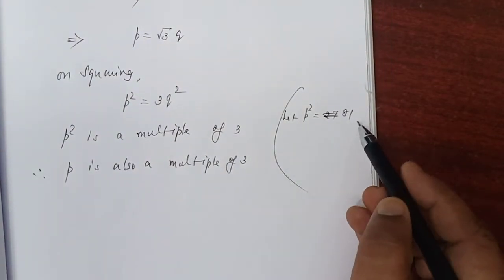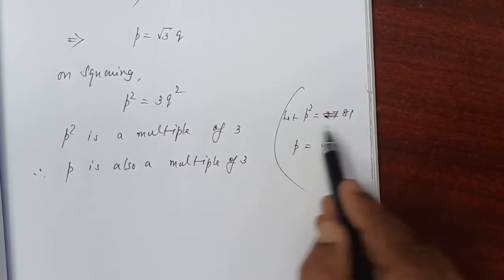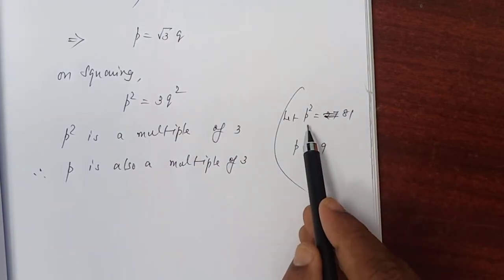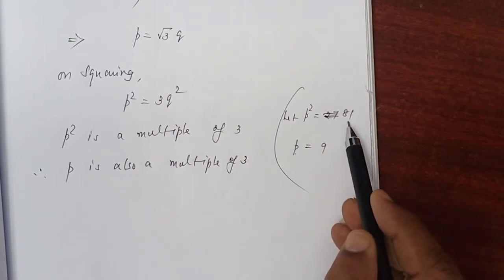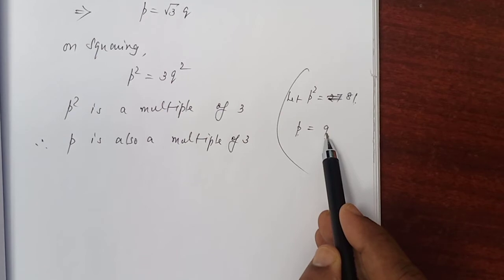P squared equals 81 means P is equal to 9. Obviously, taking square root on both sides, the square root of P squared is P, and the square root of 81 is 9. 81 is a multiple of 3, correct? Because 27 threes are 81. Then P equal to 9 is also a multiple of 3, because 9 itself can be written as 3 into 3.